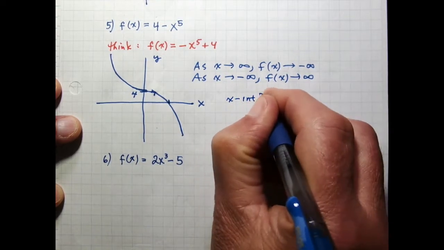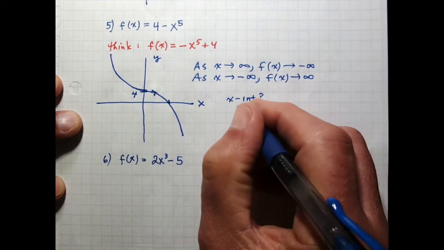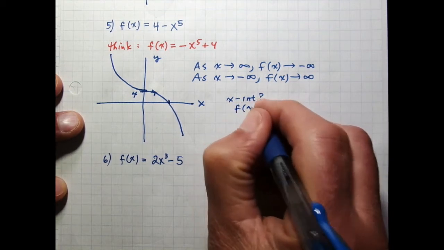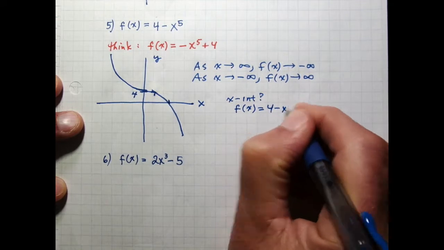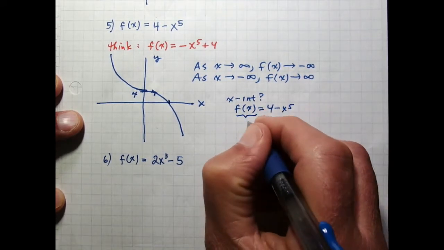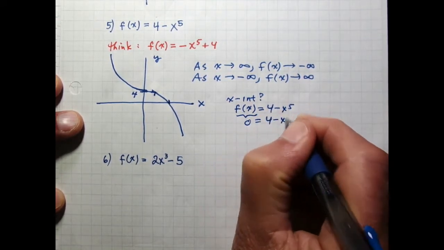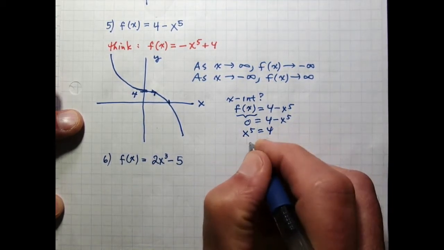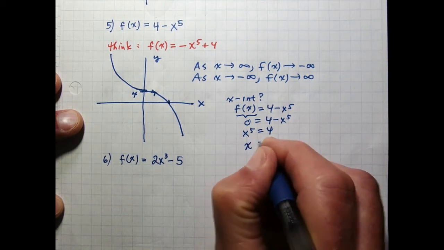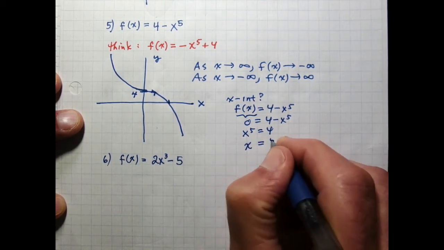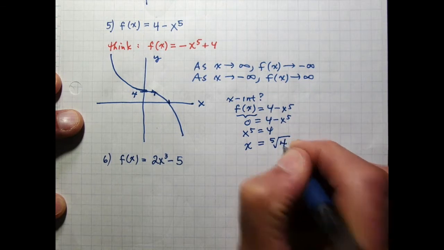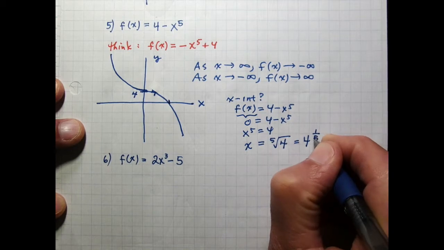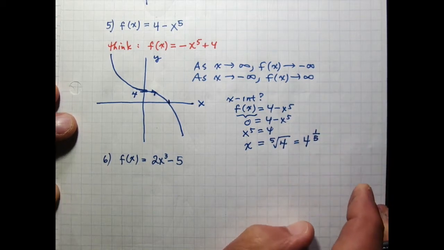The x-intercept: if you set the output equal to 0, if you set f of x equal to 0, this is 0 equals 4 minus x to the fifth. x to the fifth equals 4. And so when we solve for x, we have to take the fifth root of 4, which is the same thing as 4 to the 1/5 power.